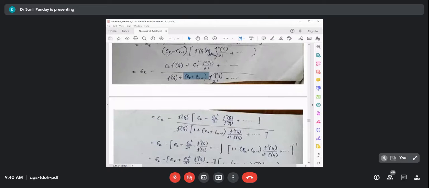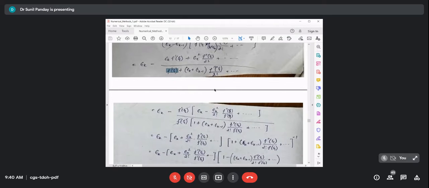Now the next step is to take this common f double dash j from the numerator and denominator. So if we take f double dash j and f dash j in the numerator and denominator, because there is no f dash j present in this term, this f dash j will go in the denominator, and like all the terms present here.